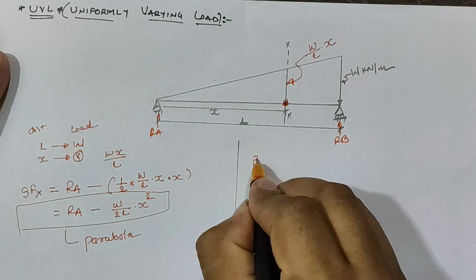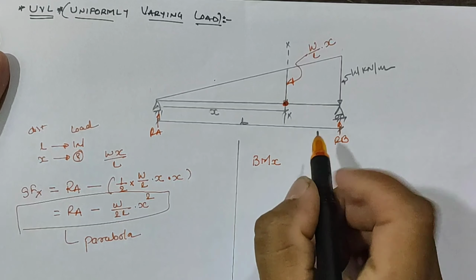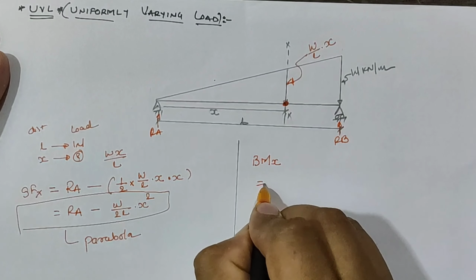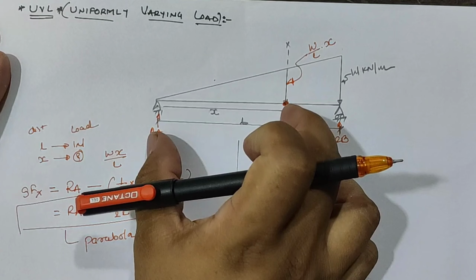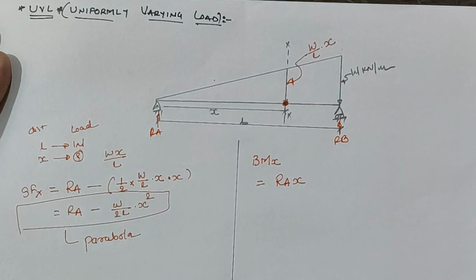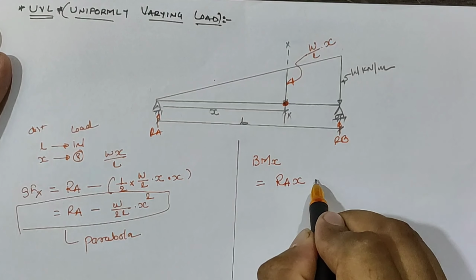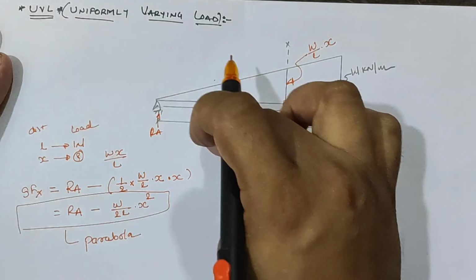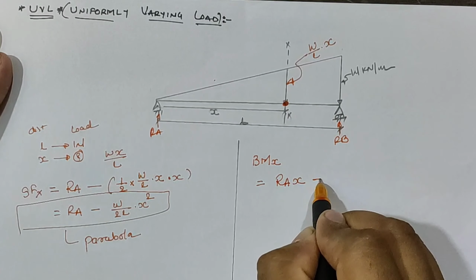Going ahead to the bending moment value at distance X. So the bending moment is Ra into perpendicular distance X in the clockwise direction, hence the value is positive. Now the UVL is in the anti-clockwise direction, so negative.